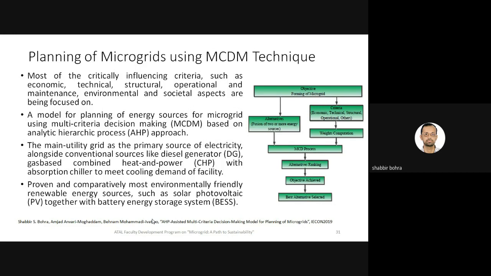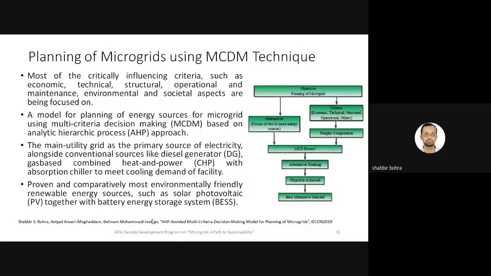If I want to make the system more environmentally friendly, with a very high fraction of renewable energy penetration, then we cannot just go for solar, wind, biogas, and everything available on the market. We need to look at the different aspects, and that needs to be considered in the planning of the microgrid.